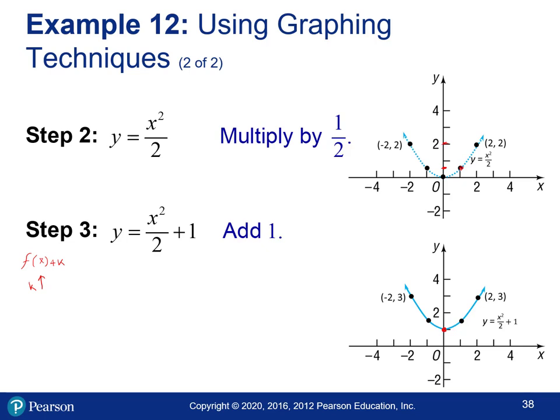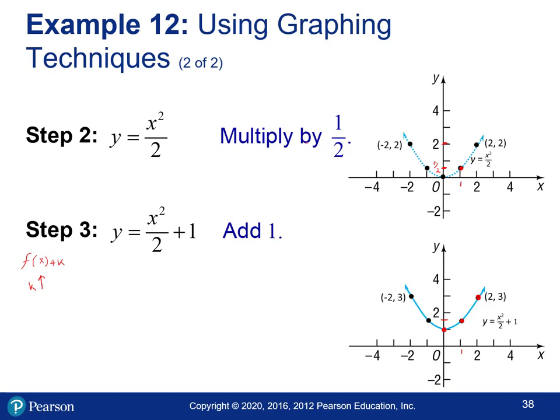The point (1, 1/2) moves up to (1, 1.5), and then (2, 2) moves up to (2, 3), and then we plot those. You can just use symmetry to plot the other 2 points, matching over on the left side. And so this is the new graph.